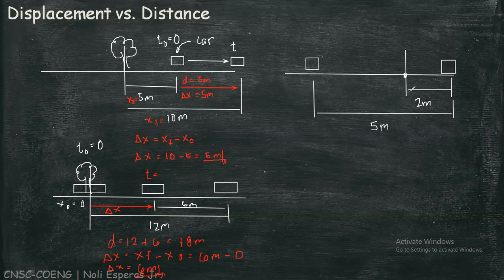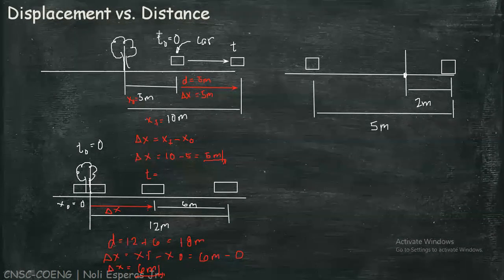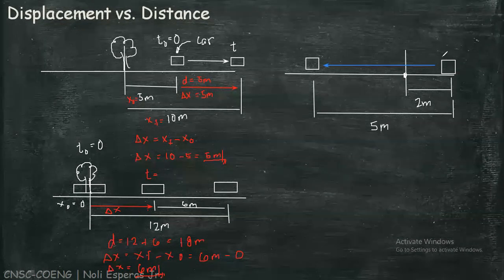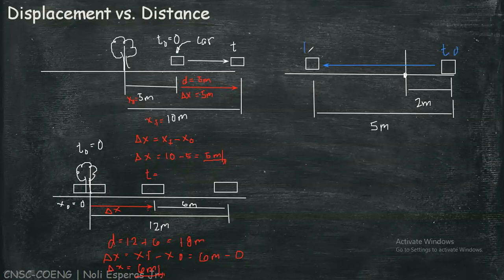So starting from 2 meter from the right of the origin, it moves to the left at 5 meter from its original position. So the distance traveled by the object or the car is 5 meter.